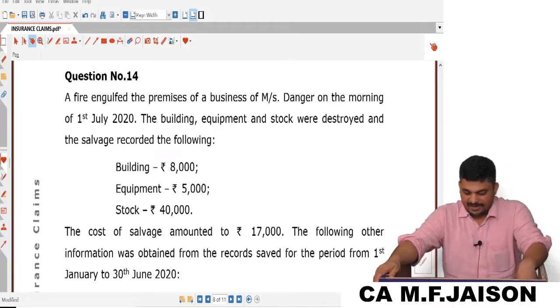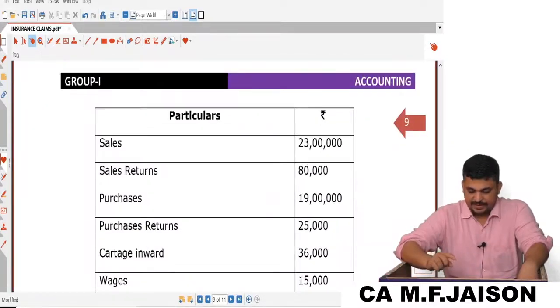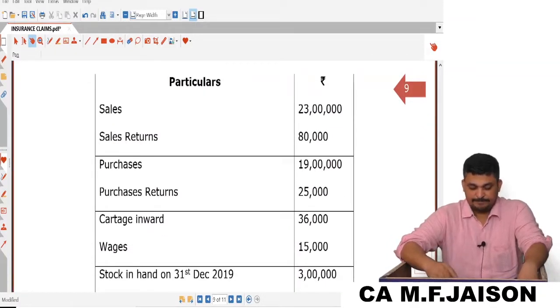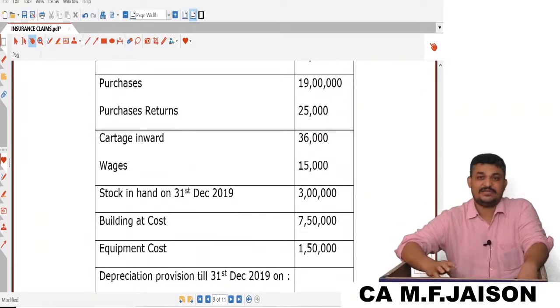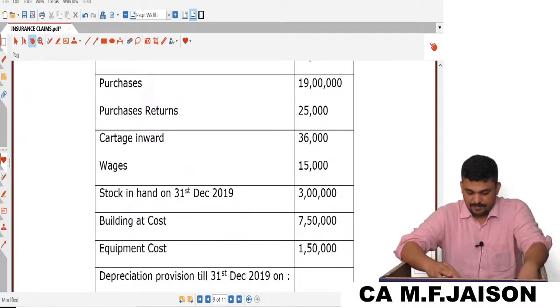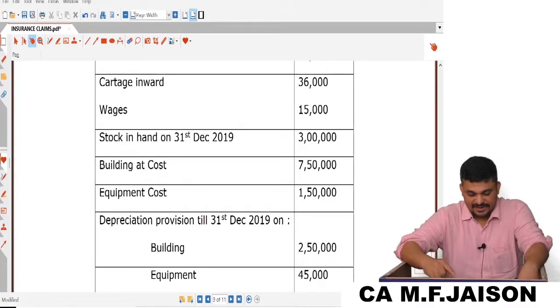The following other information was obtained from the records saved for the period from 1st January to 30th June 2020. Sales 23 lakhs, sales returns 80,000, purchases 19 lakhs, purchase returns 25,000, carriage inward 36,000, wages 15,000, stock on hand 31st December 2019 3 lakhs.